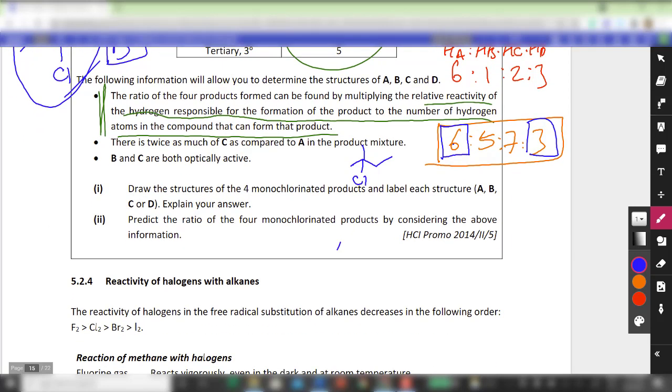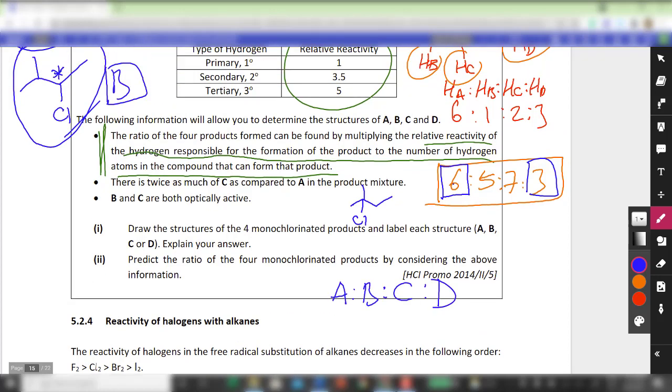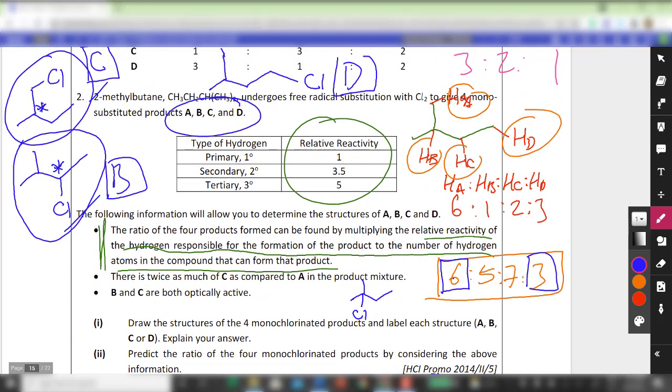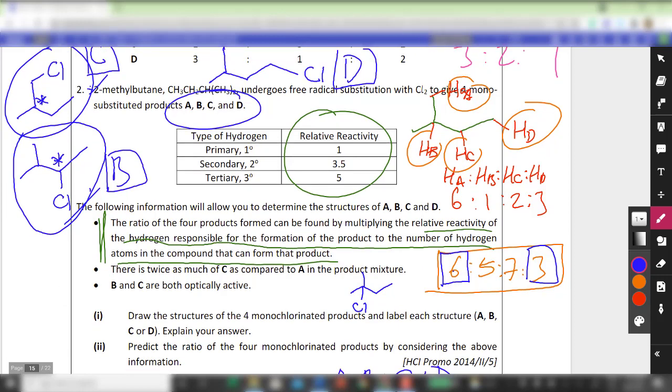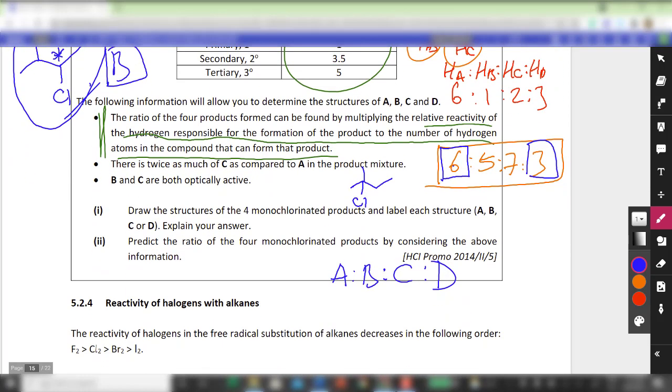Okay, so with that A to B to C to D, then we can just plug all this in. So my C, I think it's easier to plug C in because C is twice as much. So this is actually 6, as much as A, so A is actually 3.